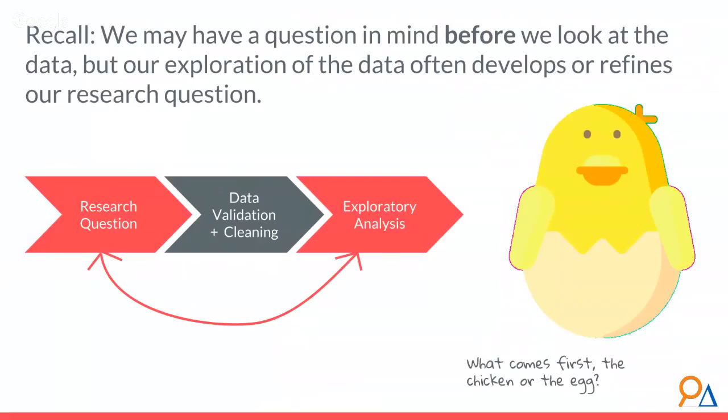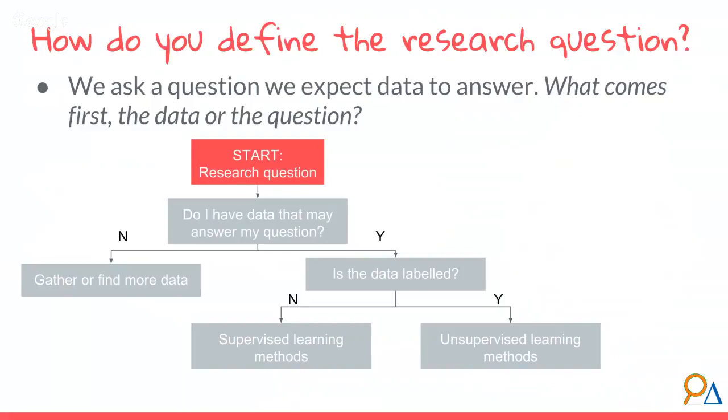So for main research questions, we may have a question in mind before we look at the data, but our exploration of the data often develops or refines our research question, like I had said. So how do we define our research question? We start with a research question. We ask if we have enough data that can be used to answer our question.